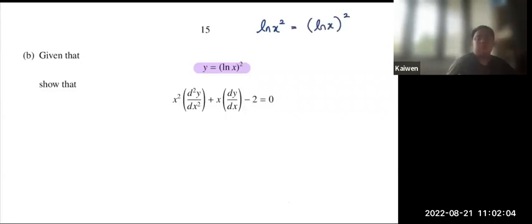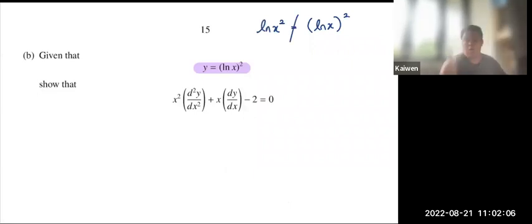This is something that I realized a lot of people didn't know, and a lot of people are making mistakes at this particular equation. There is a very big difference between ln x squared and (ln x) squared. These two are not equal.